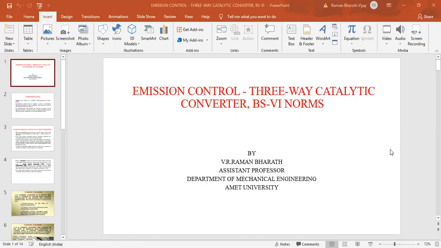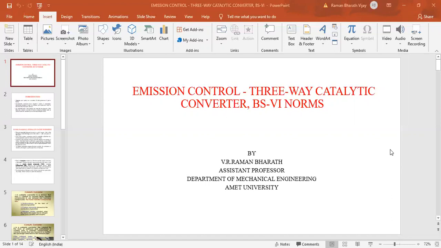So we have to see whether these exhaust gases affect the atmosphere or not. Some exhaust gases are affecting the atmosphere, thereby creating pollution. The gases affect both human beings as well as the ozone layer.